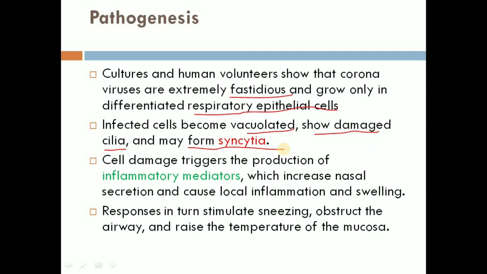So once it attaches to the host cell, it triggers the production of inflammatory mediators, which increase nasal secretion and cause local inflammation and swelling. So this is the pathogenesis of the coronavirus.